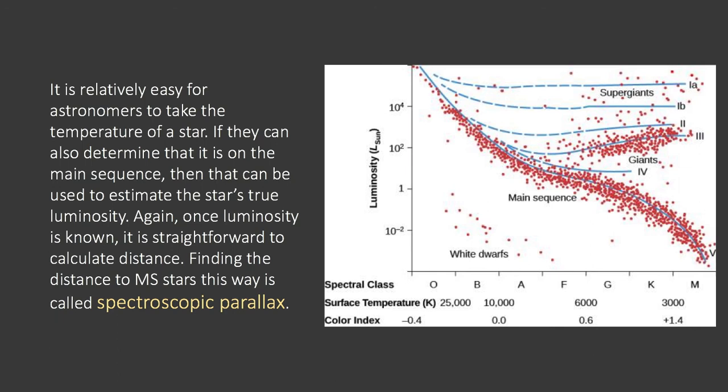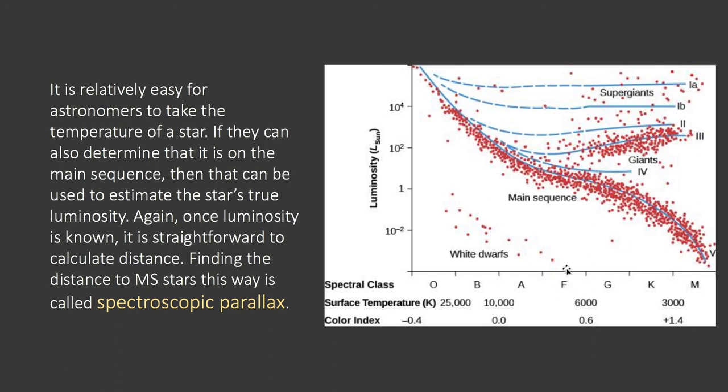So as long as you can see the star, you can get its spectrum, and you can get its temperature. If you know one more thing, then that's a way to get the luminosity and then from there, again, go to distance. And that one thing is that you know the star is on the main sequence, because of this tight relationship on the HR diagram.